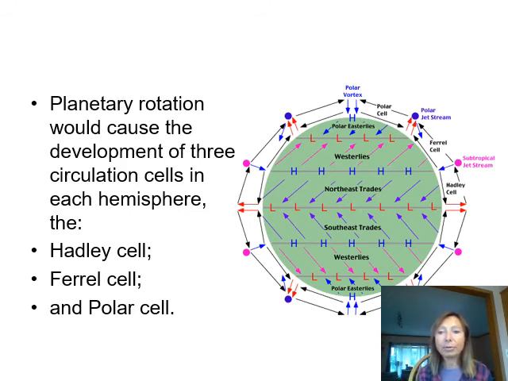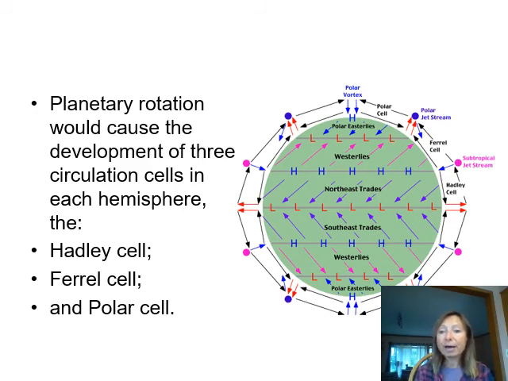In mid-latitudes, we have Ferrel cells. They are not as intense as Hadley cells, but this is where we see the westerlies. The air here is moving from the high pressure in the 30s in the tropics into the low pressure associated with mid-latitudes, and this is where we have the jet streams.